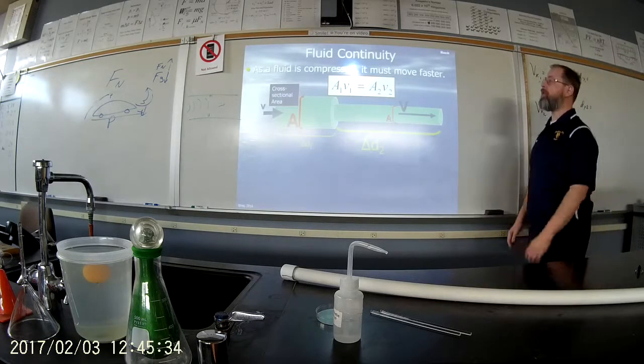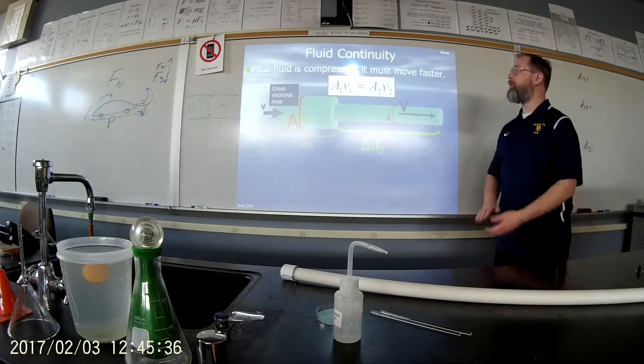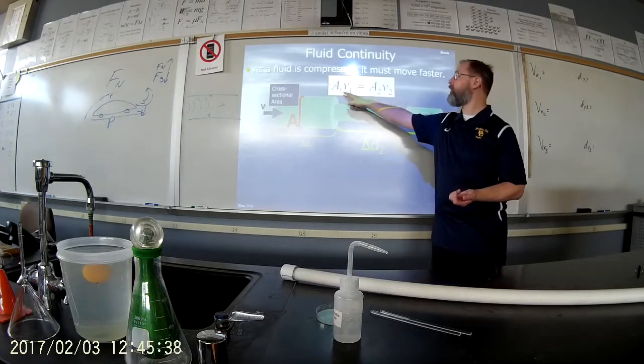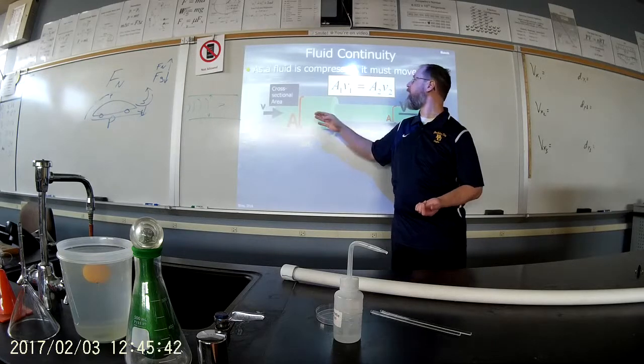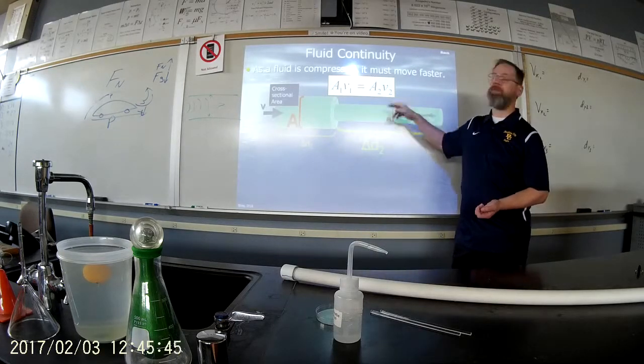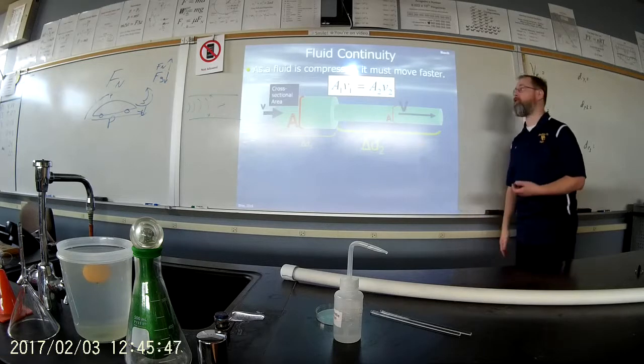So this is usually written A1 v1 equals A2 v2, A being the cross-sectional area of the pipes. So the area of the pipe and the velocity in the pipe equals the area of the new pipe and the velocity of the water in the new pipe, or the fluid in the new pipe.